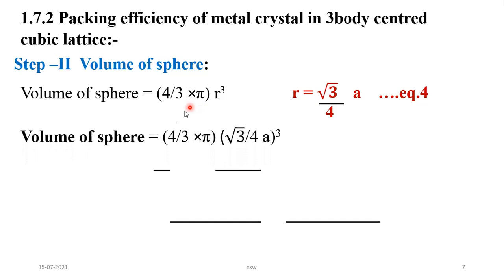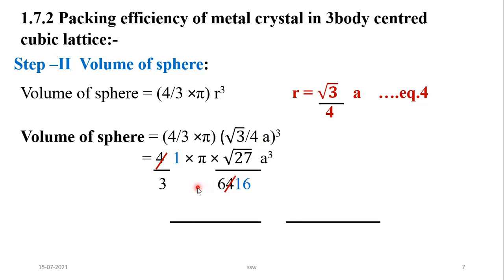Volume of sphere is equal to 4 by 3 into pi into root 3 divided by 4 into A, whole cube. And if you solve this, then 4 by 3 pi into cube of root 3, that is root 27, into cube of A, that is A cube, divided by cube of 4, that is 64. Cube of 4 is 64.